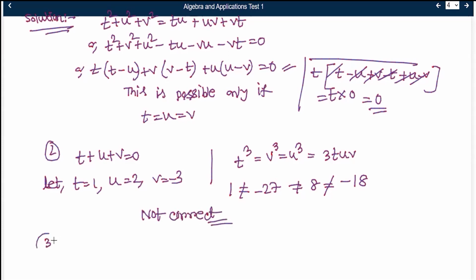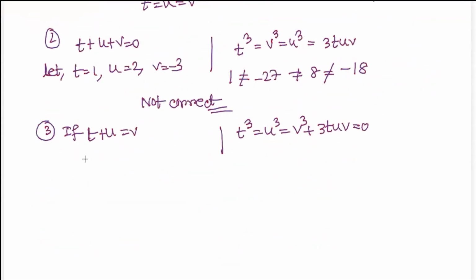Now let's check statement 3. It's given that t plus u equals v, then we need to check whether the statement t cube plus u cube minus v cube plus 3tuv equals 0 or not. So again, we will assume t equals 1, u equals 2, and v equals 3.